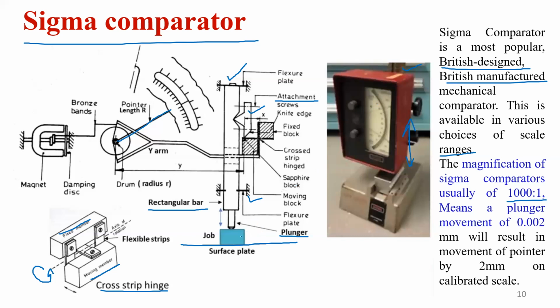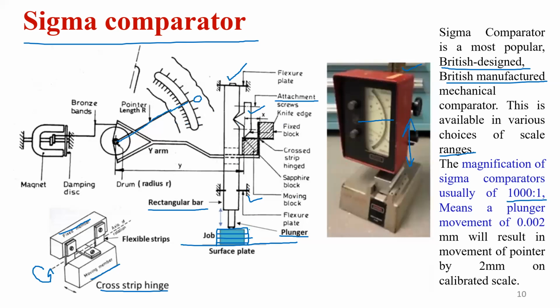So with the help of the working standard, we will place the working standard first, and then we will set the comparator to 0 position. So this indicates the 0 position.